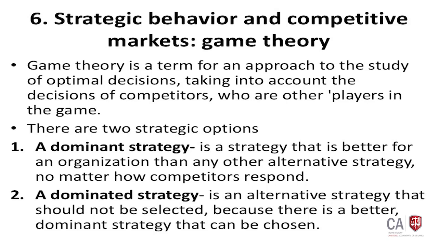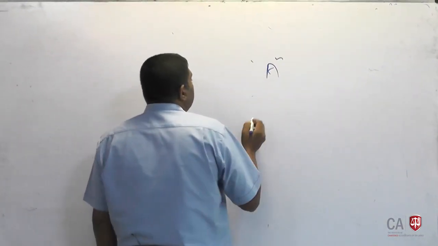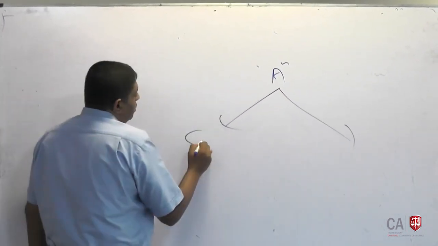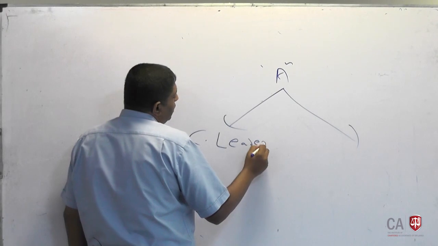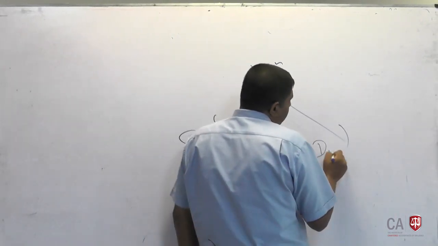If I take an example to illustrate this matter, suppose there is a player called A. A has 2 options to apply in the marketplace. One is to apply cost leadership strategy, the other one is to apply differentiation strategy.